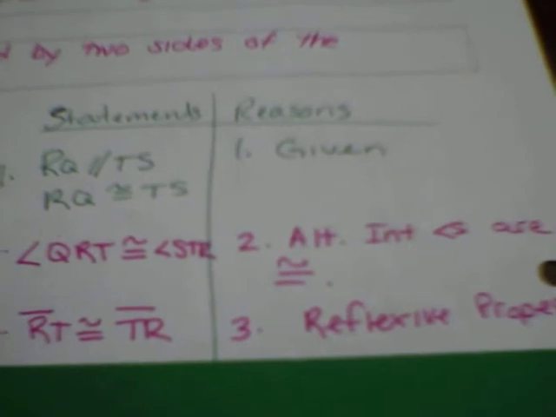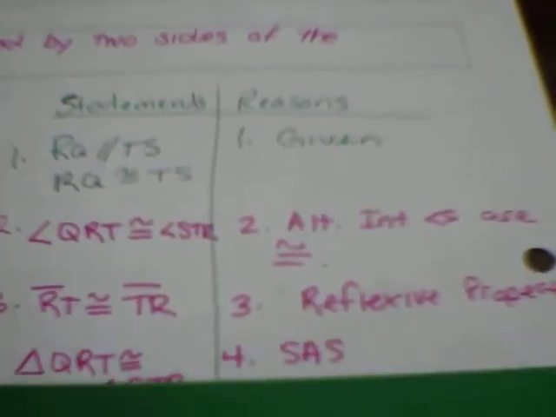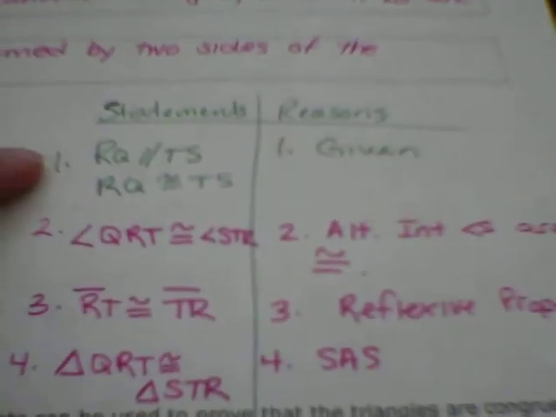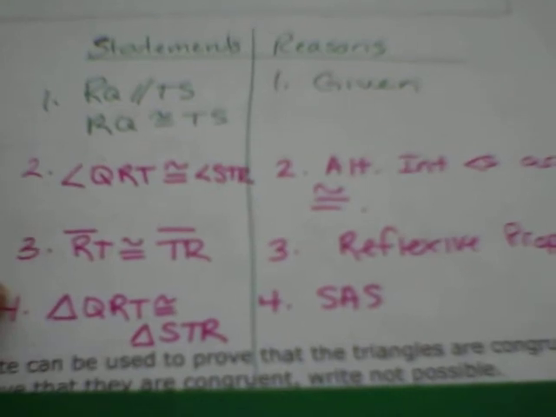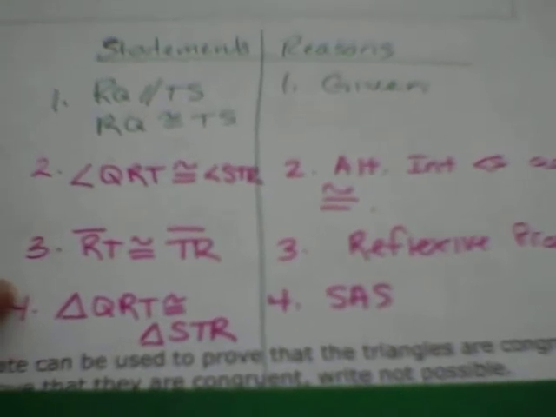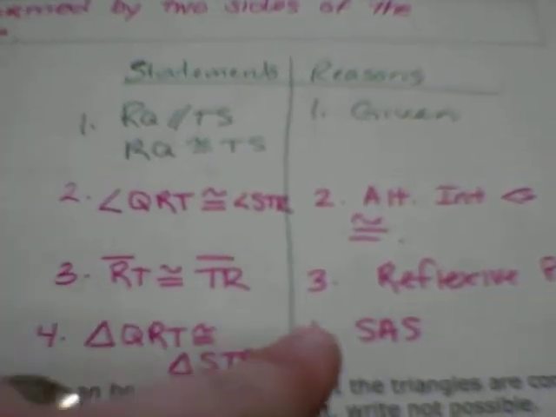Next is we need to say that RT is congruent to TR, which is reflexive property. Lastly, now that I have my side that is congruent, my angle, and my side, I can prove that the two triangles are congruent to each other by side, angle, side. So always setting up my proof in the manner of whatever postulate I'm using to prove.